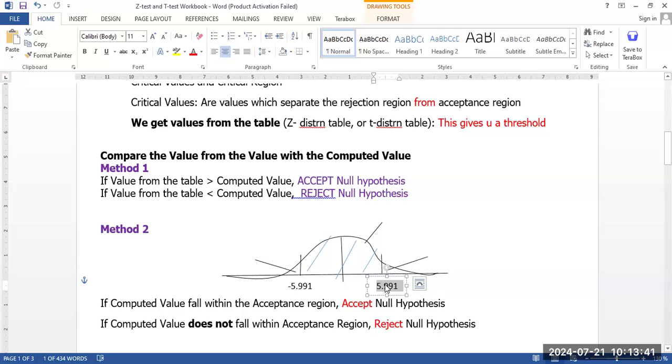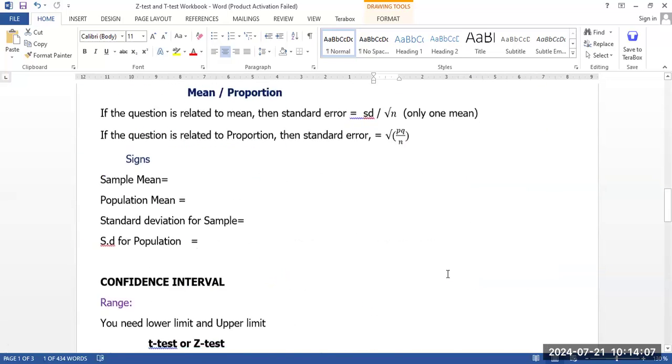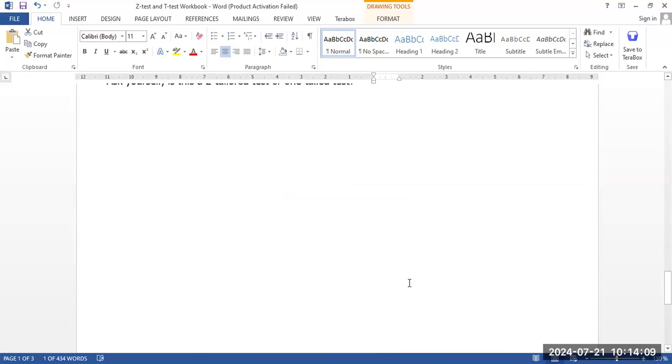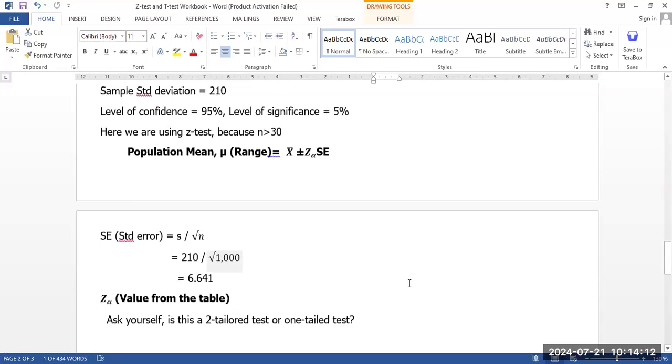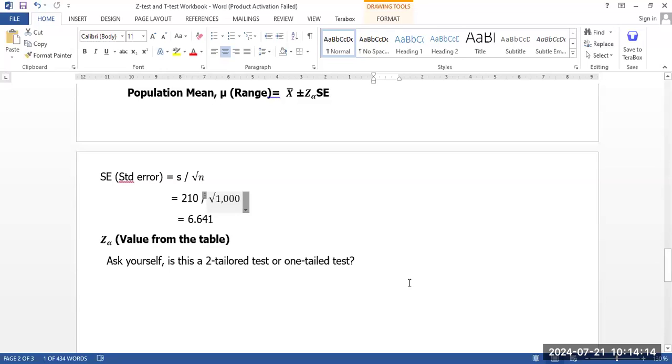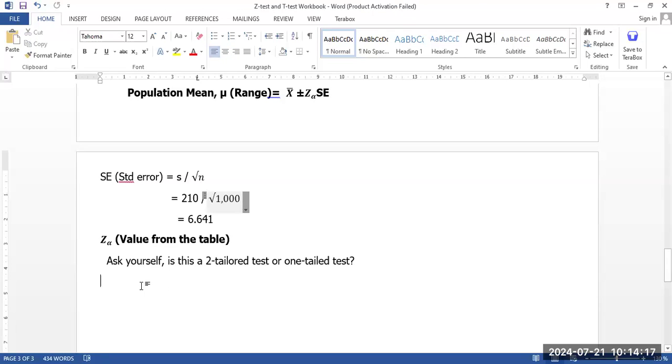You create one figure on right and another on left, so that you can have your acceptance region and rejection region. So every time the question is asking you range or confidence interval, always know that you are dealing with a two-tailed test.